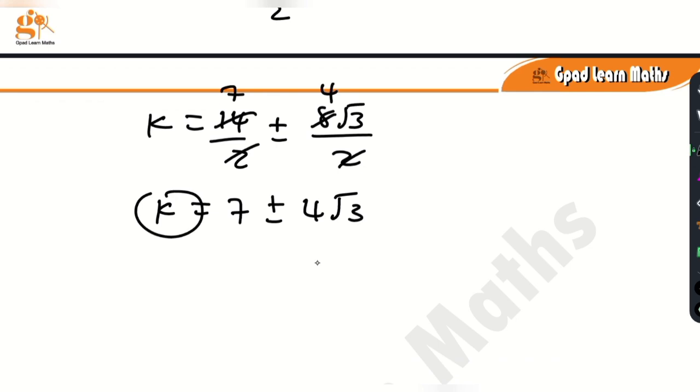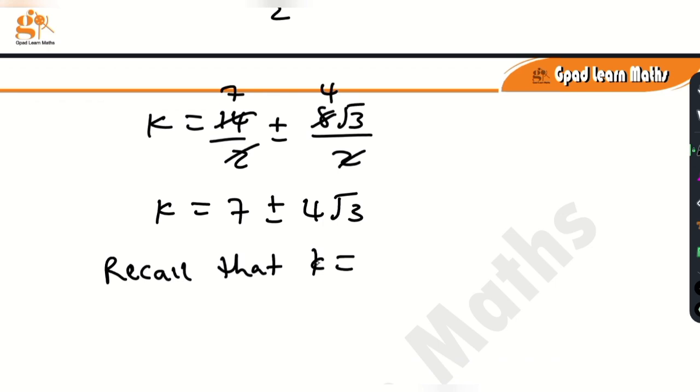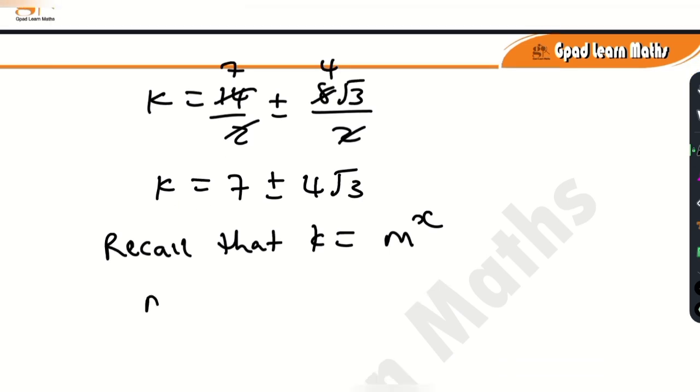But this is not what we're looking for. We're not looking for k. Recall that we set m raised to the power x to k. So let's bring it back. m raised to the power x is equal to what k is now, which is 7 plus or minus 4 root 3.